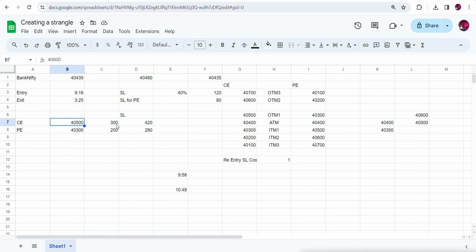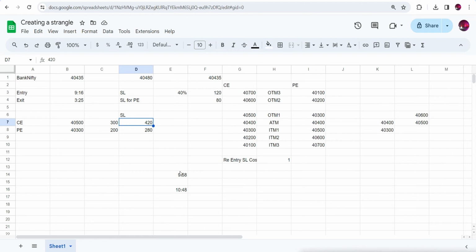It sold both of them. The price we got for the OTM1 call sell is 300 rupees, and for the OTM1 put sell is 200 rupees. Now the stop loss for the put leg is 280, and for the call leg it is 420. At 420 means a 120 point stop loss.